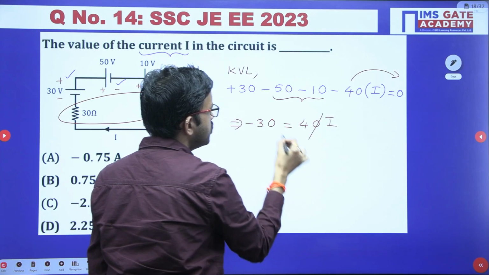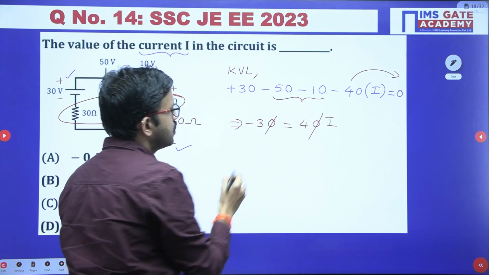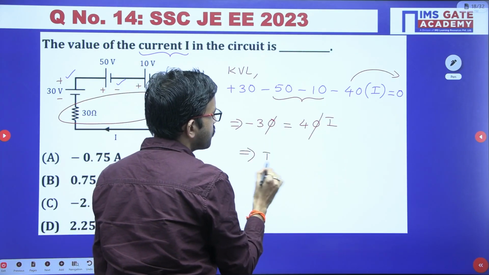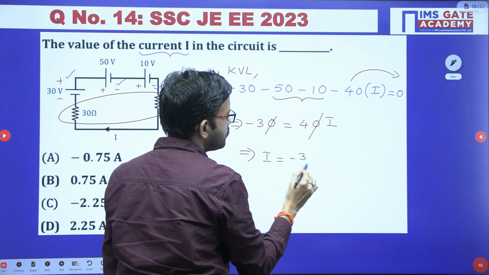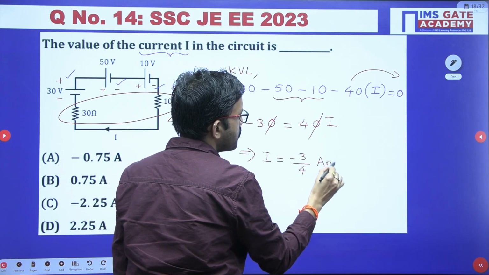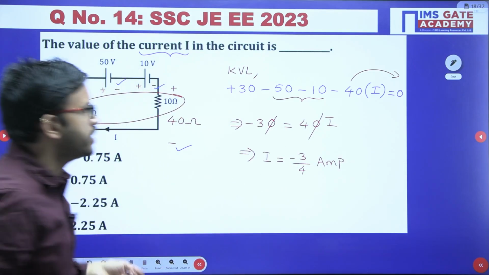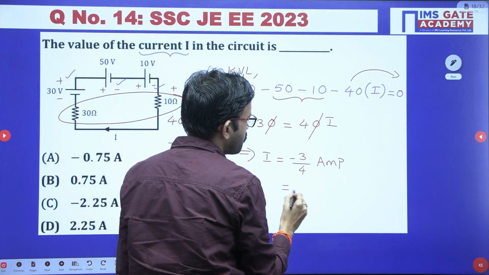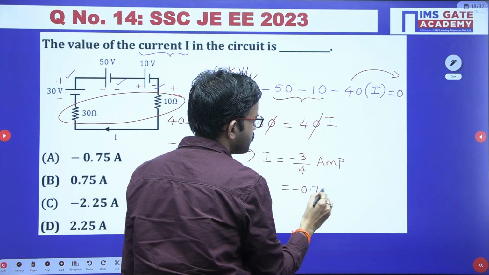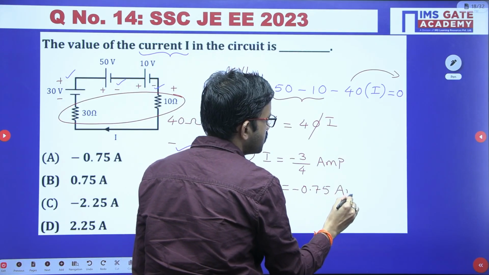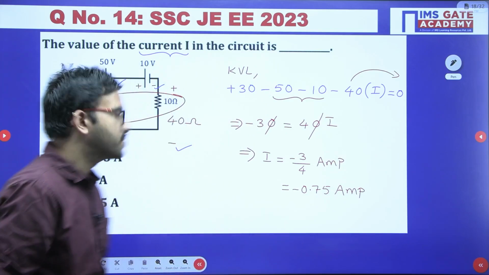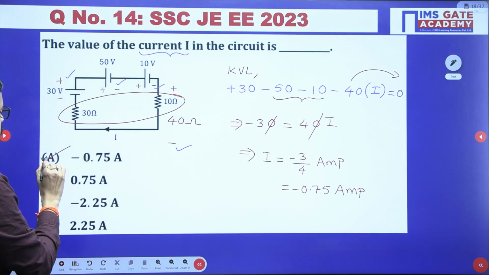Now here the 10 will get cancelled, so I equals minus 3 by 4 amperes. Here they have given the normal values, so 3 by 4 you can write as 0.75, minus 0.75 ampere. Just observe, that is in option A.